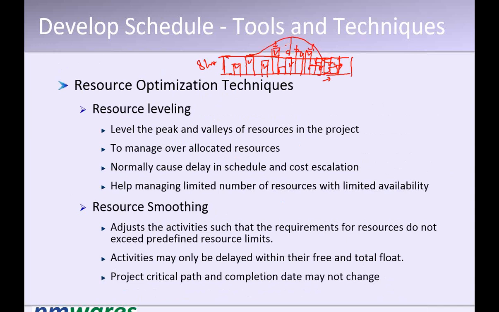If the float is available, it will not impact the time. If it is within the float, it is adjusted, correct? Okay. So that is resource leveling also. If I push the thing down, it may or may not impact the project duration, depending upon if float is available or not. Okay. So how is it different from resource smoothing?